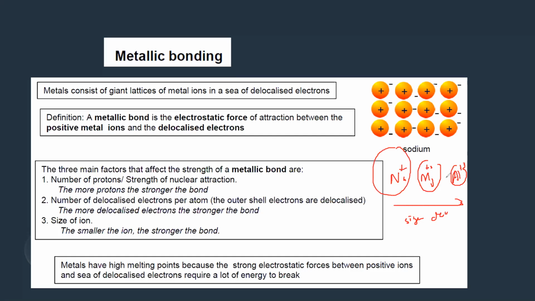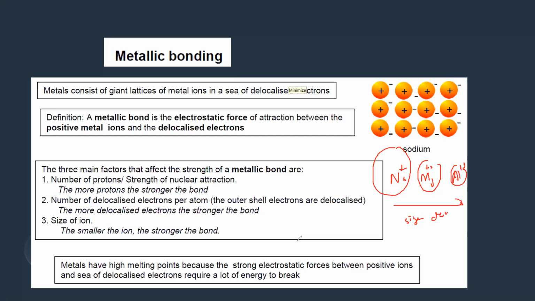So which one do you think has a stronger metallic bond? Sodium, magnesium, or aluminum?